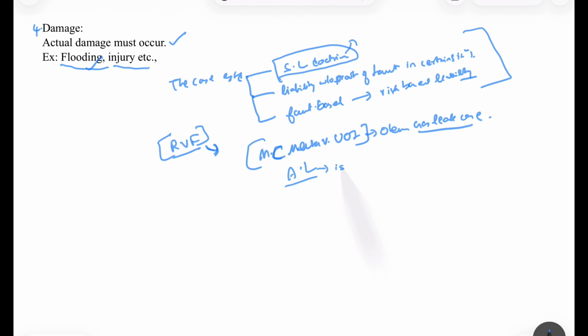This absolute liability is stronger or stricter than the English rule, because the English rule established strict liability. So our Indian courts have come up with absolute liability. Now in the next slide I am going to explain the details of MC Mehta versus Union of India.